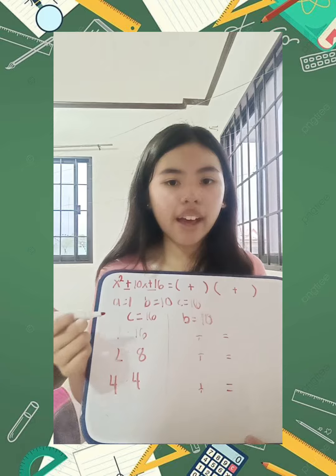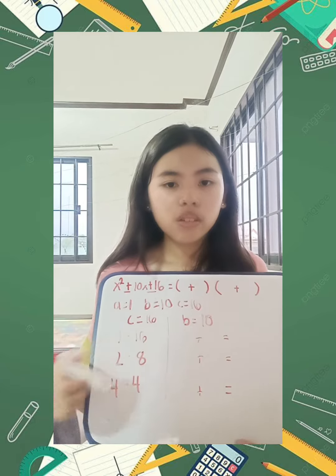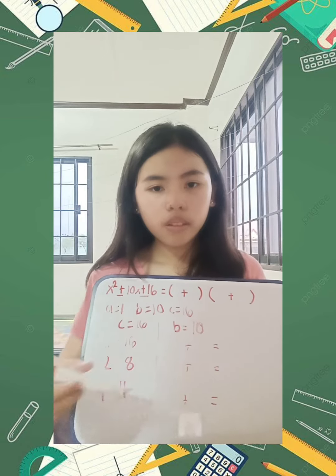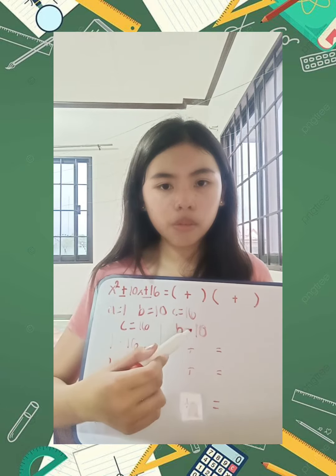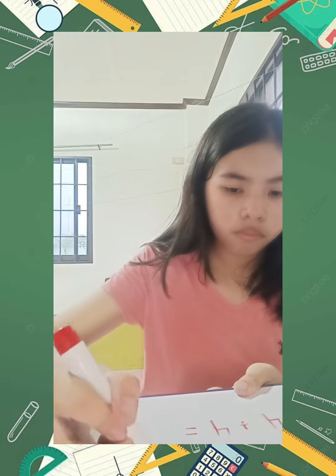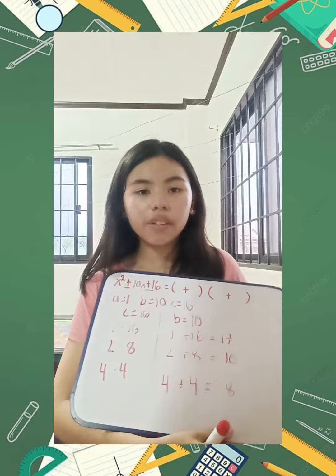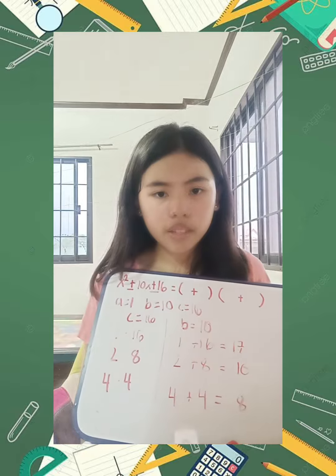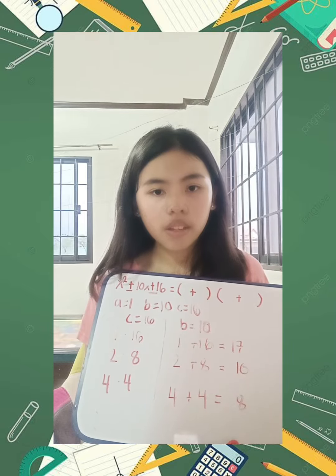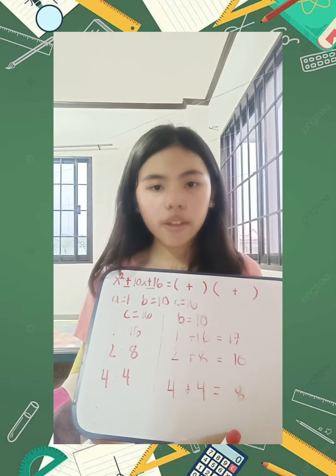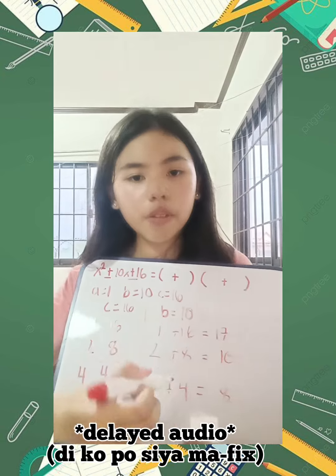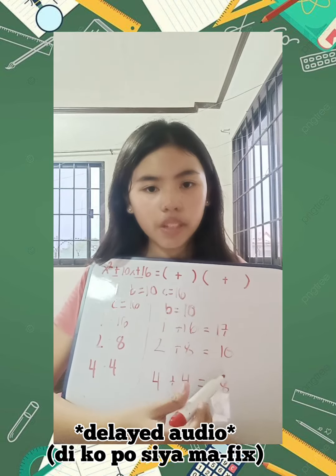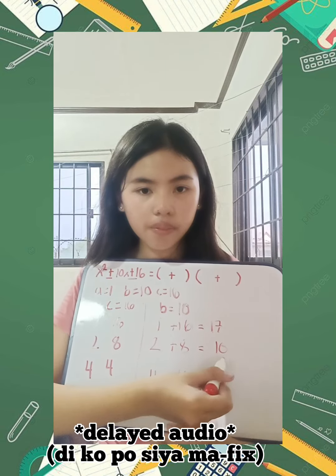And now we will add these together so we can check if they're equivalent to the middle term, or 10. Here we have 1 plus 16 is equal to 17, 2 plus 8 is equal to 10, and 4 plus 4 is 8. Now, we will find B, or 10, over here.